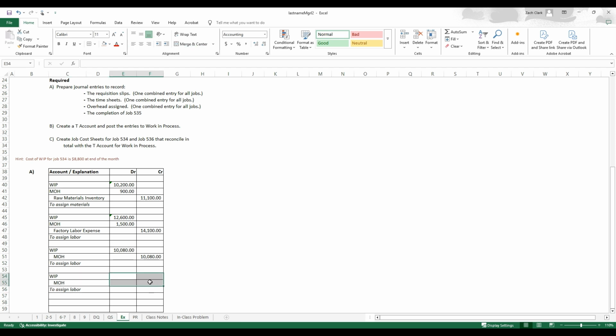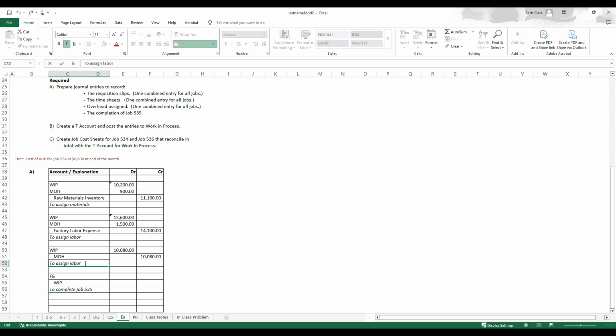Let's just put this in, and we're going to do the debit and credit accounts, but we're going to wait a minute to actually get the amounts. This will be finished goods, and this will be WIP, right? So if you want to do FG and WIP, that's fine. And this explanation will be to complete job 535.